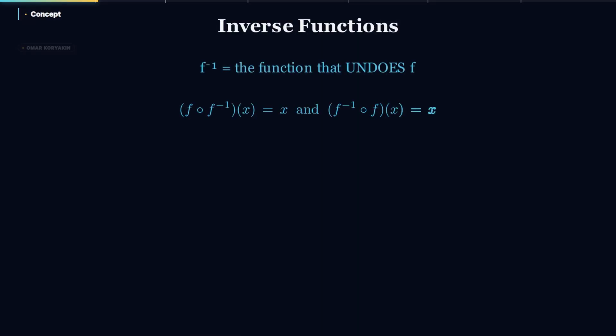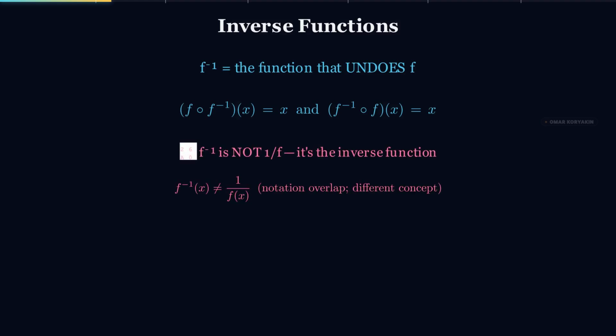The inverse function f to the negative 1 is the function that undoes f. Composing f and f inverse in either order gives the identity function. f of f inverse of x equals x and f inverse of f of x equals x for every x in the appropriate domain. This identity on composition property is the defining feature of the inverse.